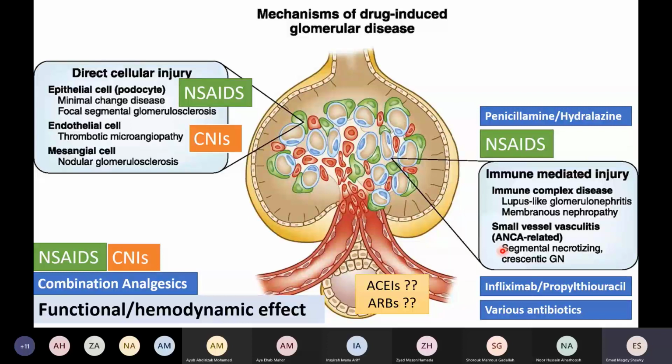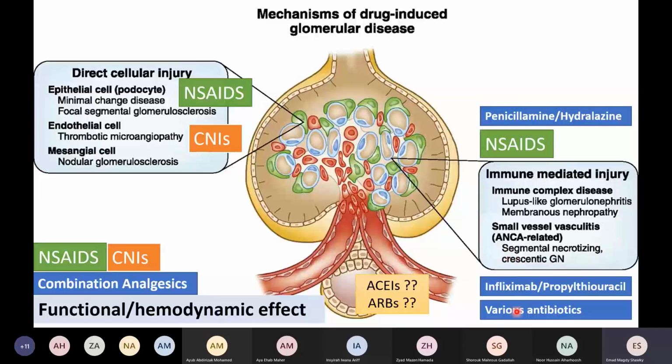Because these are the spaces of the filtration of the kidney. So any damage here or any loss of this space due to inflammatory cell infiltrate, inflammation, or rupture of the membrane will affect the kidney perfusion and will cause acute kidney injury. And this again can be induced by various antibiotics, by infliximab.